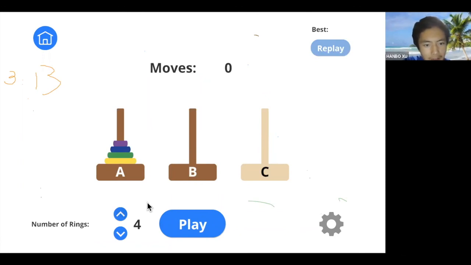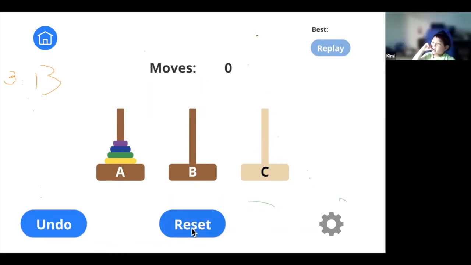Kimmy, Lloyd, do you guys want to give a try at 4 rings? I'll try. Okay. Purple to C. Purple to B. Blue to C. Purple to C. Wait, redo that.